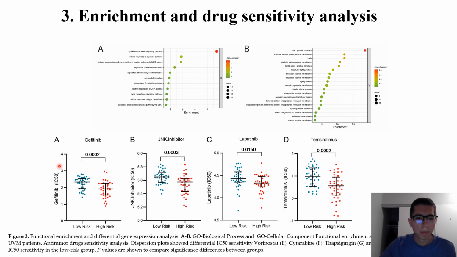And in this other plot, we have four drugs that show significantly lower IC50, and they might be useful for treatment of high-risk patients, and this could improve survival.